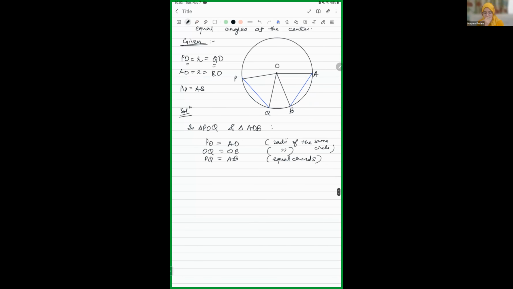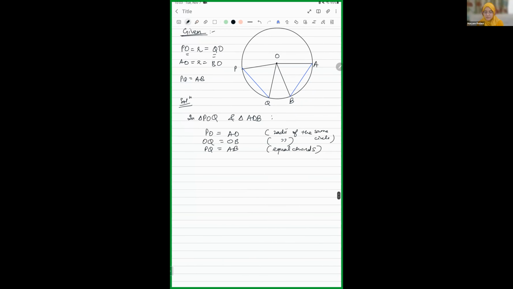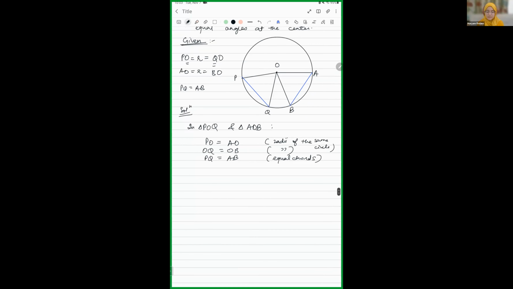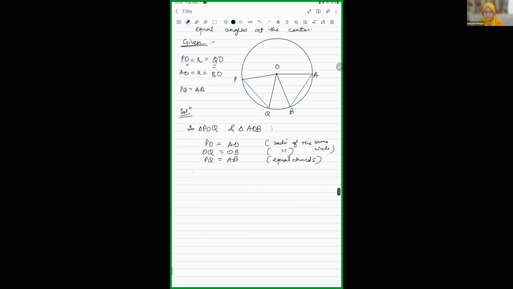So therefore, by which rule? SSS rule, these two triangles are congruent. Triangle POQ is congruent to triangle AOB, and therefore, by CPCT, what is equal to what?